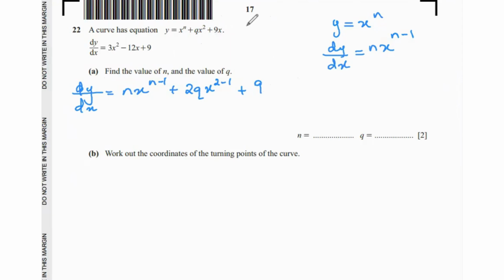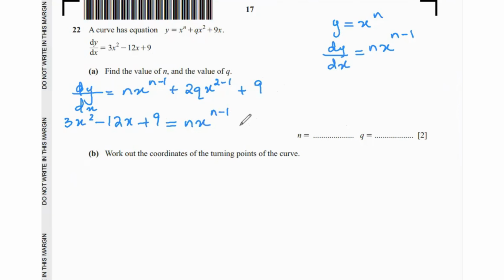And when you subtract 1 from 1, it becomes x to the power of 0. And as you know, x to the power of 0 would be 1 because anything to the power of 0 is 1. So we don't write anything over here. 9 becomes a constant.